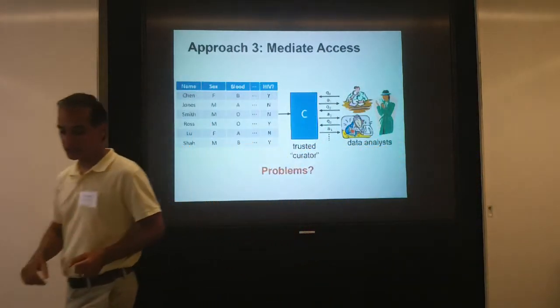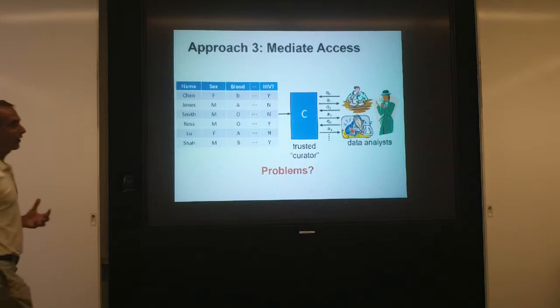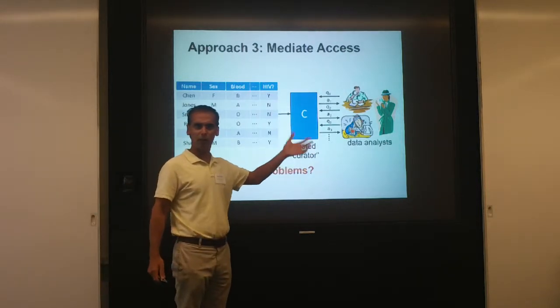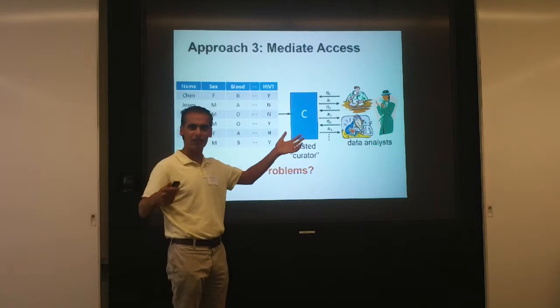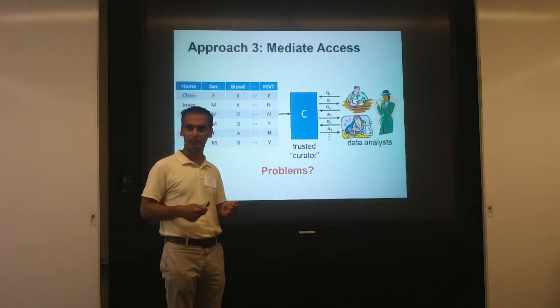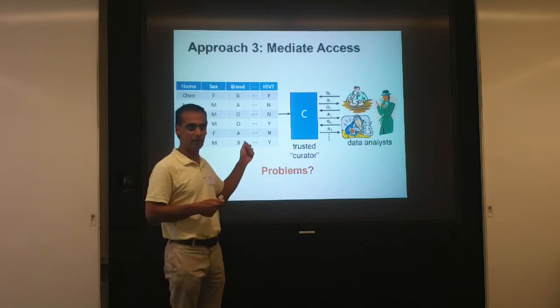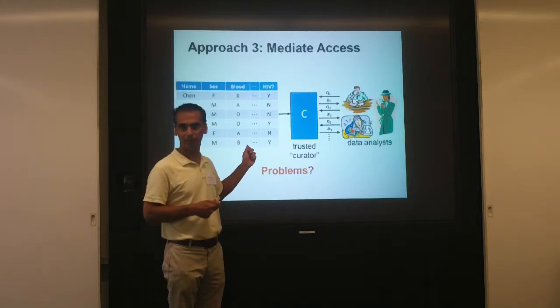All right, so it becomes a very hard game to think about how can I rule out all possible strategies someone might use by asking cleverly constructed queries to pull out information about individuals in the data set?